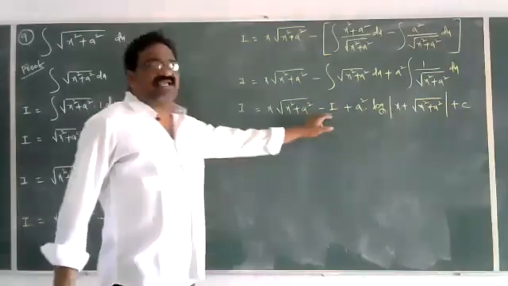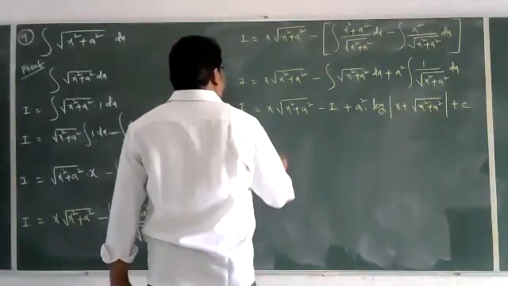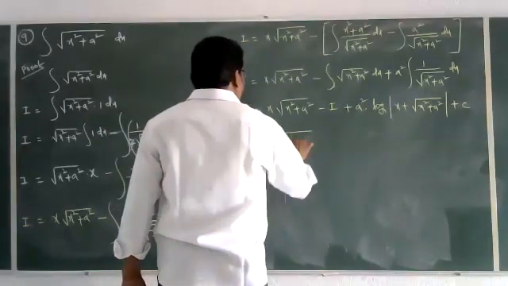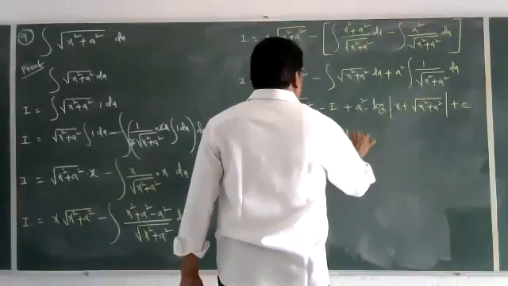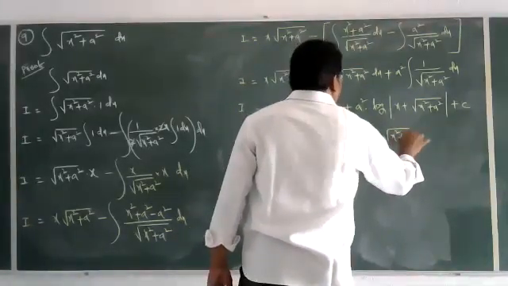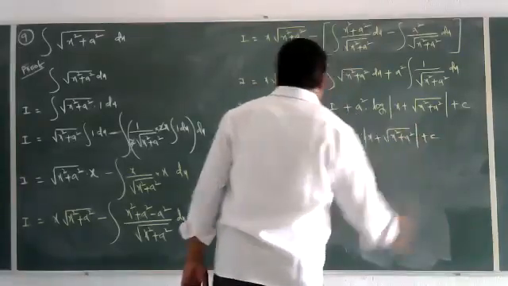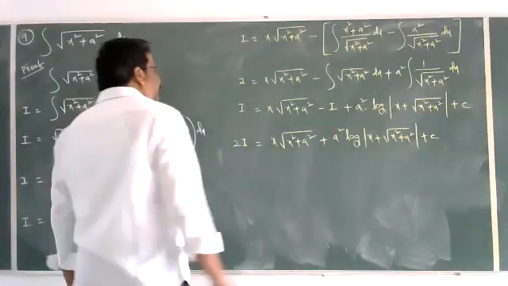You bring the minus I to this side, you get 2I is equal to x into root of x square plus a square plus a square into log mod x plus root of x square plus a square plus c. That is, dividing both sides with 2.